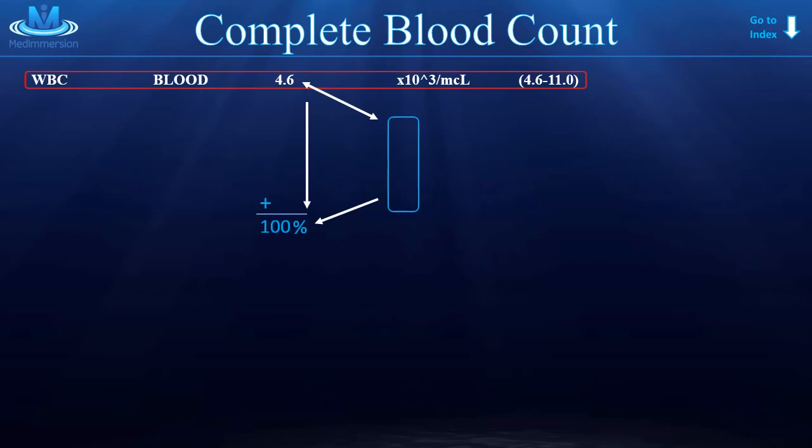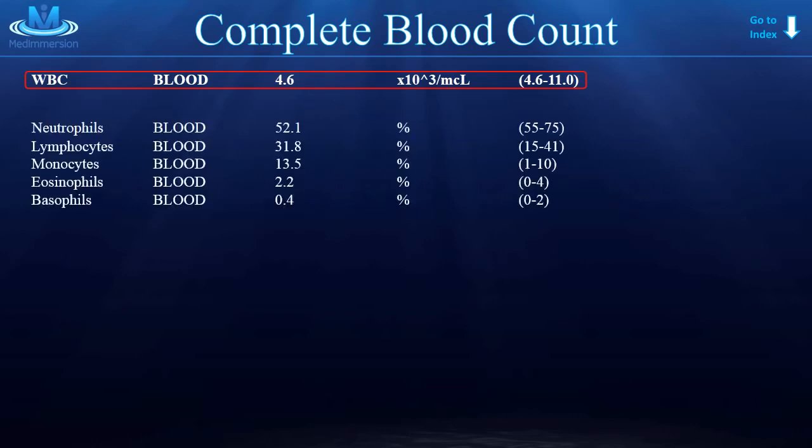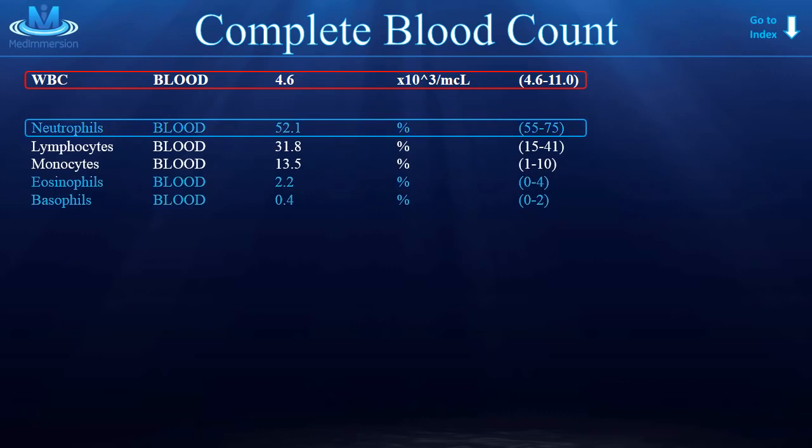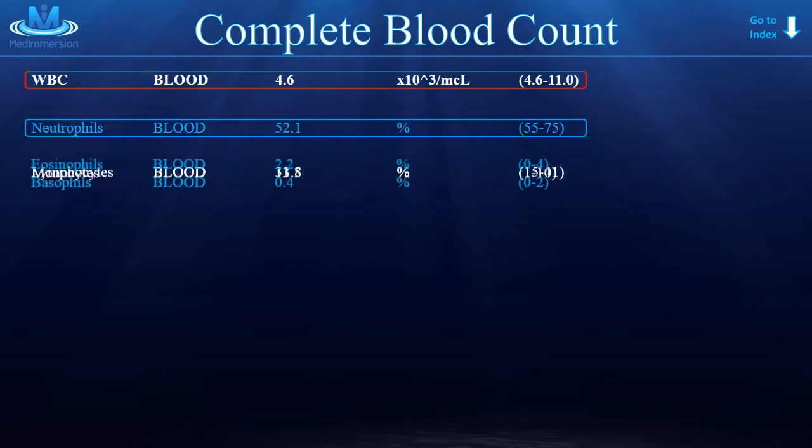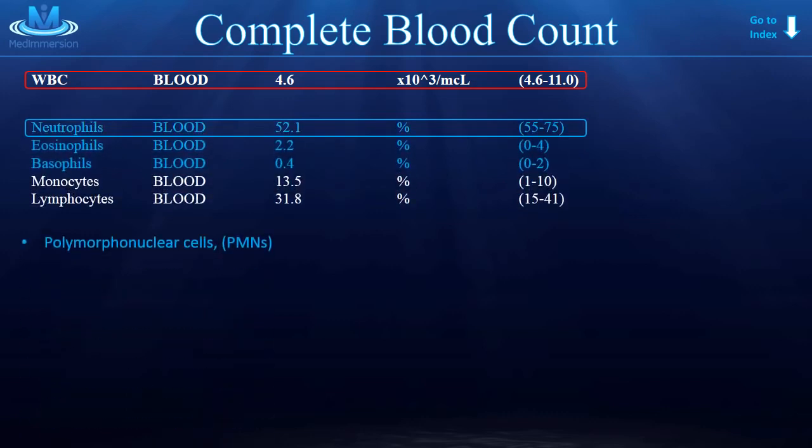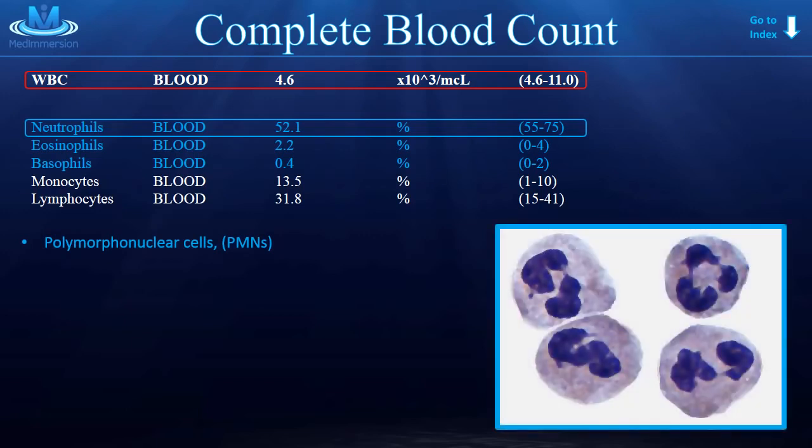Does that make sense? The first group of white blood cells that I'll talk about are the neutrophils. And the neutrophils, along with eosinophils and basophils, together make up the polymorphonuclear cells. They have this name because if you look at the nucleus in these cells, the nuclei are multilobulated.